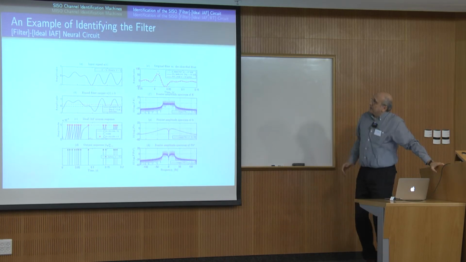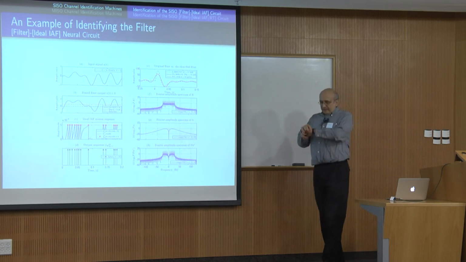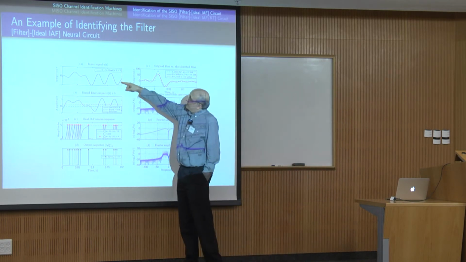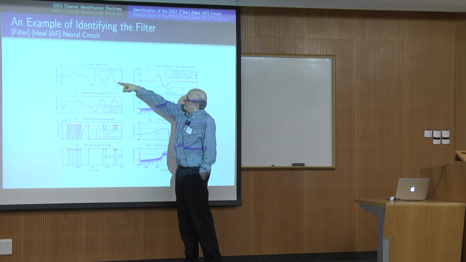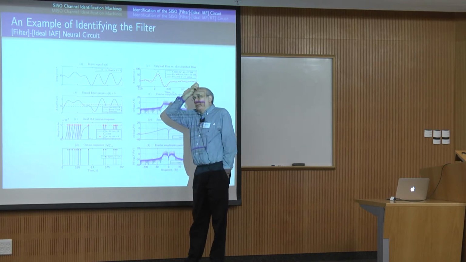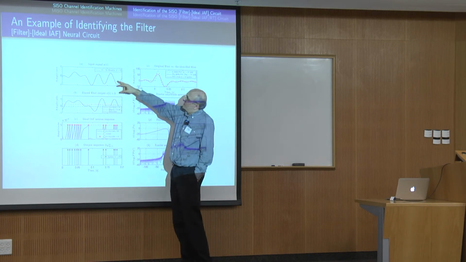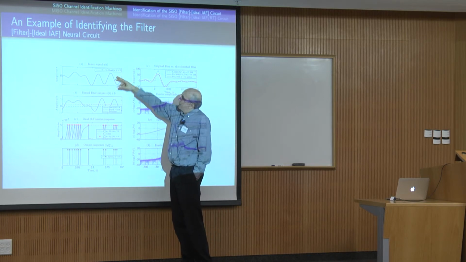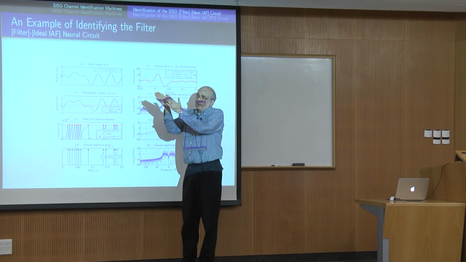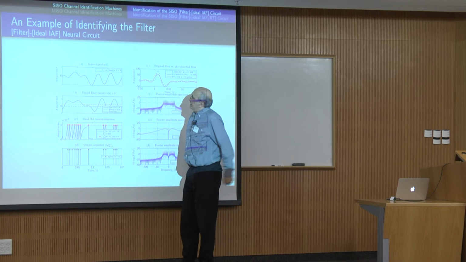OK, so here's an example to give you a sense of this. Here's the input signal. It has 25 hertz. We are using a Hilbert space which has a reproducing kernel called the Dirichlet kernel. What it means is that we essentially have a finite number of spectral lines.